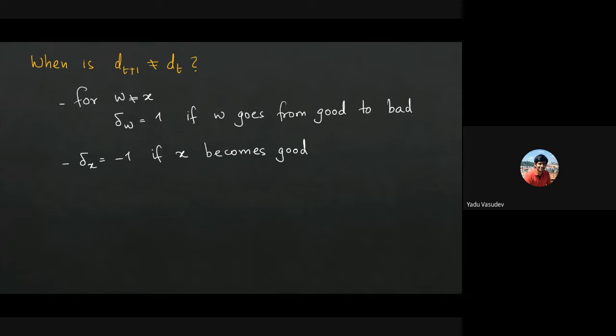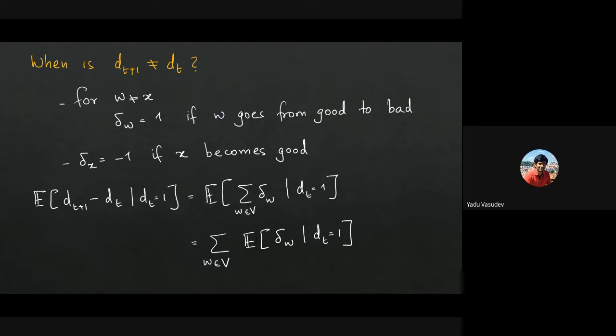What we are interested in is this quantity: the expected value of d_{t+1} minus d_t given that d_t is equal to 1. How will the difference change? This difference is precisely these delta w's.